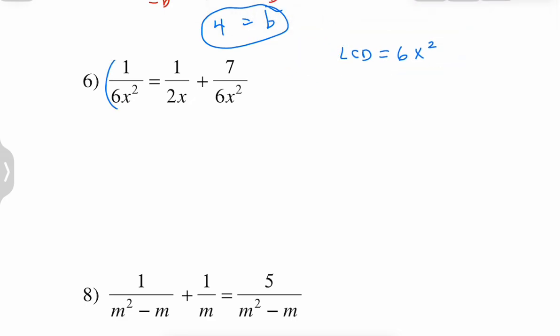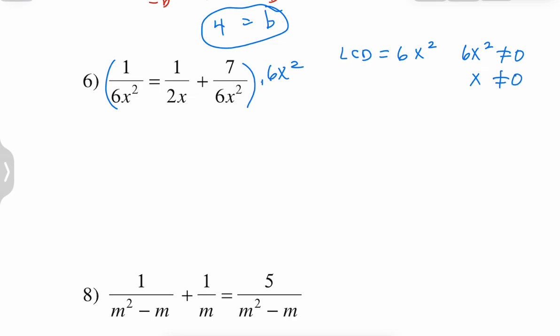So let's surround that by parentheses. Let's multiply by 6x squared. Now remember, that's really over 1, so really only our tops are being multiplied by 6x squared. Our numerators get multiplied by 6x squared. Now remember, 6x squared is not allowed to equal 0, so x is not allowed to equal 0.